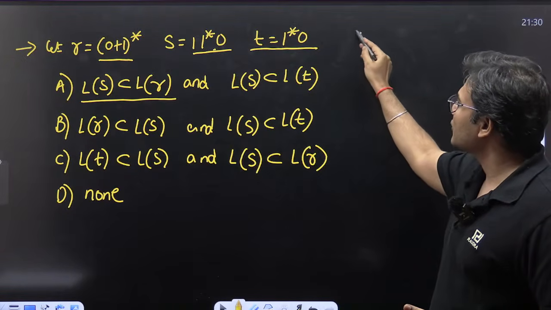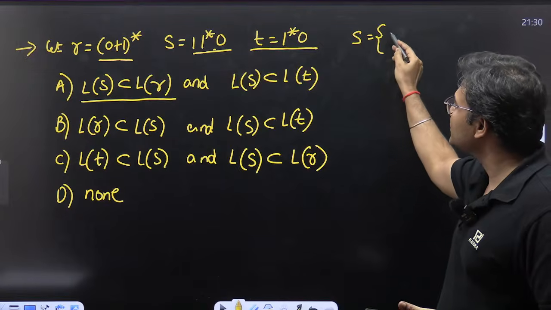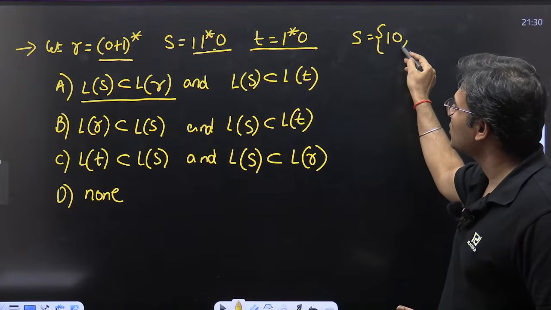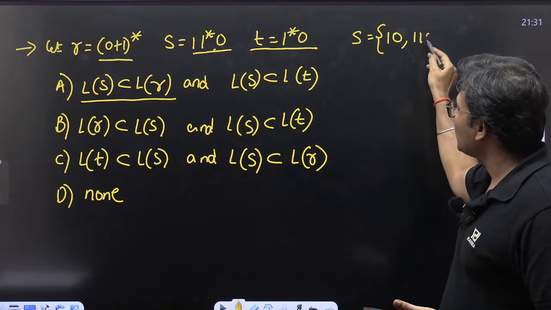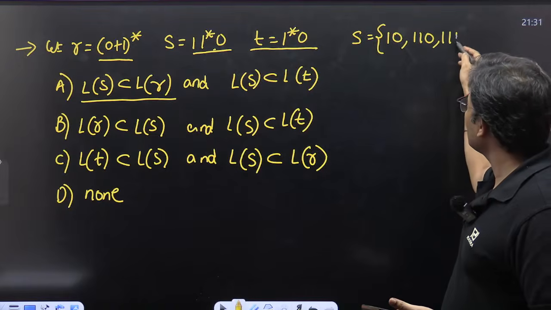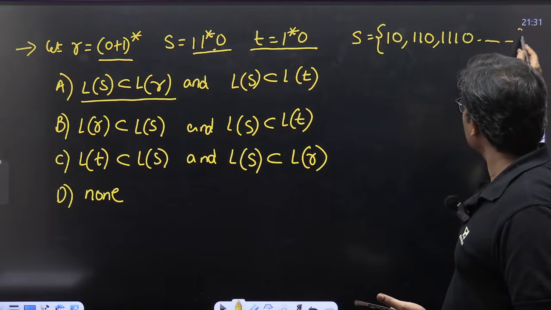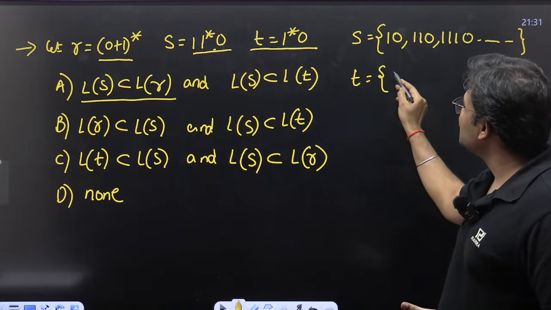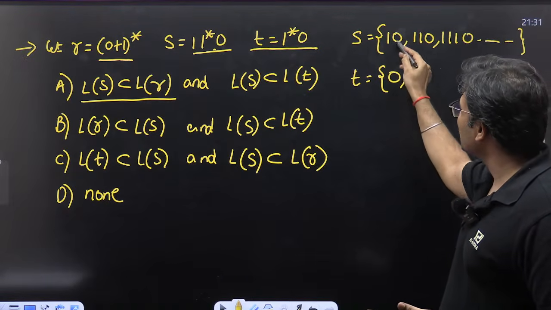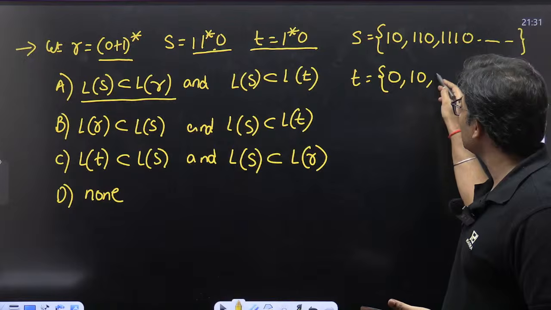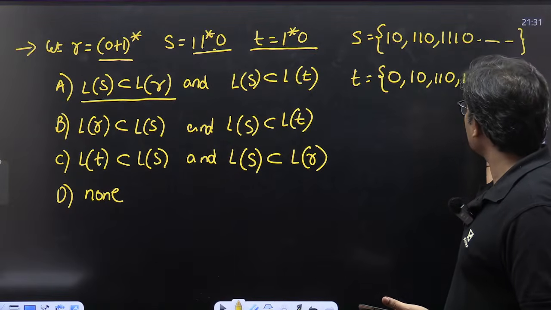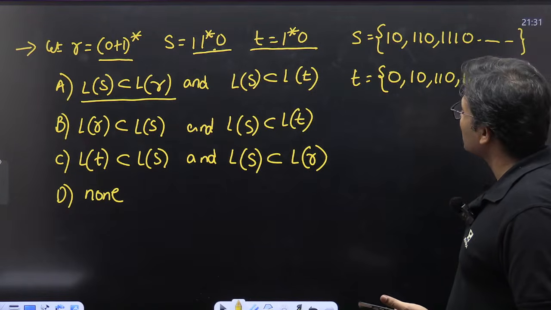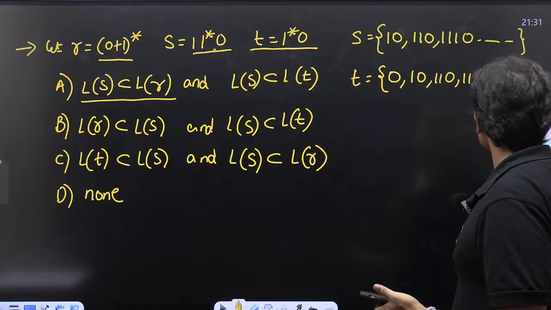Let's write the language. S equal to, what is the minimal string I get in S? 1 0, then 1 1 0, then 1 1 1 0, and so on. And T equal to, I get a 0 extra. 0 is not in S, but 1 0 I get, 1 1 0 I get, 1 1 1 0 I get, and so on.